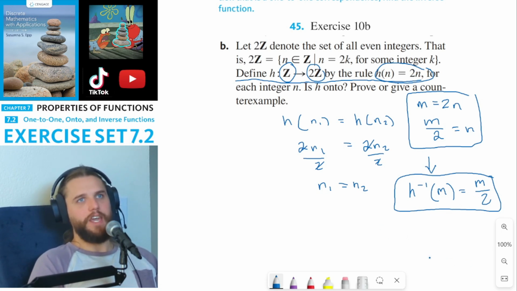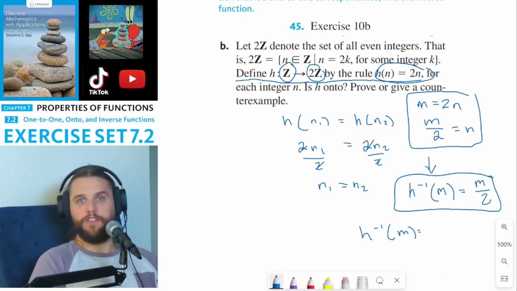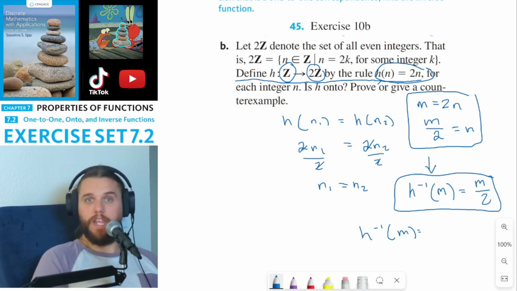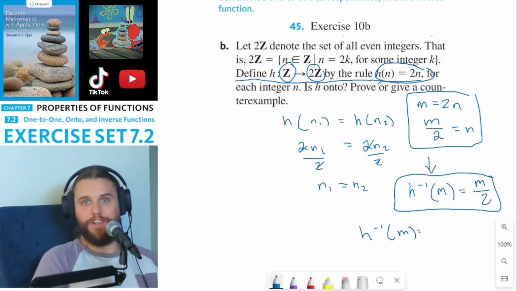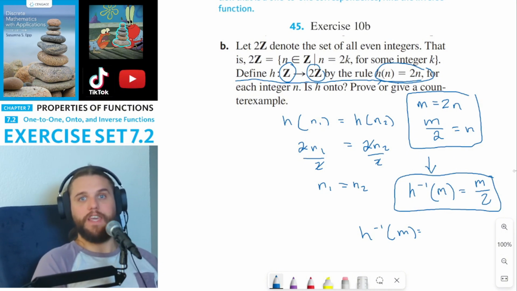Now, actually, I think some math teachers, including myself, might take issue with how this is written. If you notice here, the output is a fraction. Keep in mind, m comes from the even integers. So if you take an even integer and divide it by 2, you also get an integer. However, this output is represented as a fraction, and there are no fractions in the integer world.